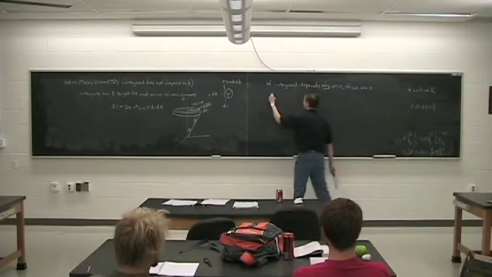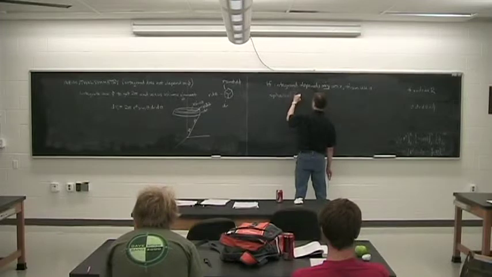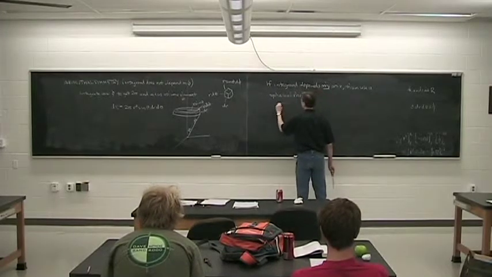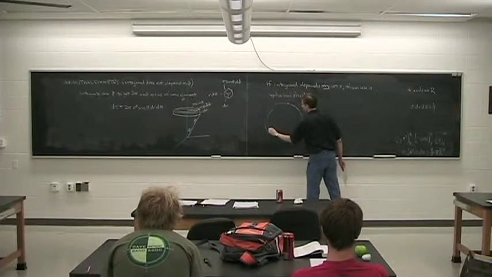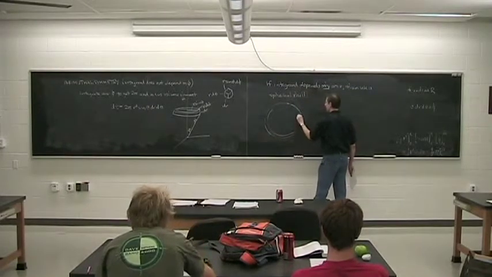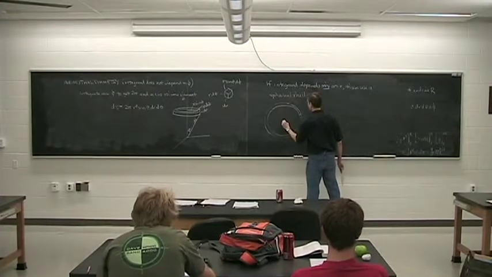Then we just want to use a spherical shell. So in that case, our volume element just becomes a spherical shell of thickness dr and radius r.